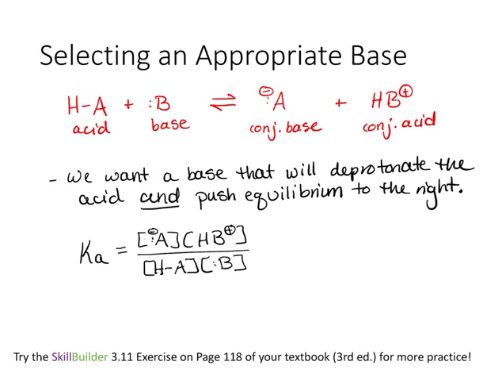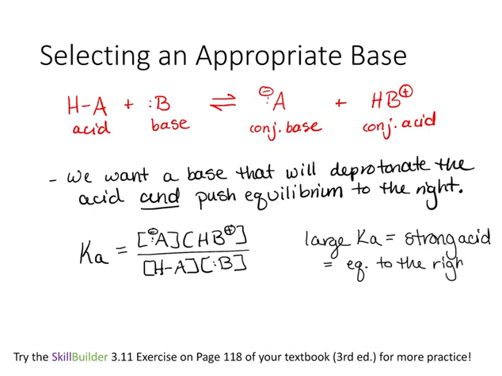And if you have a really large Ka value, that means you have a strong acid. So looking at our expression for the Ka value, if that value is large, that means we have a lot of product. So a large Ka value also means that equilibrium is to the right.